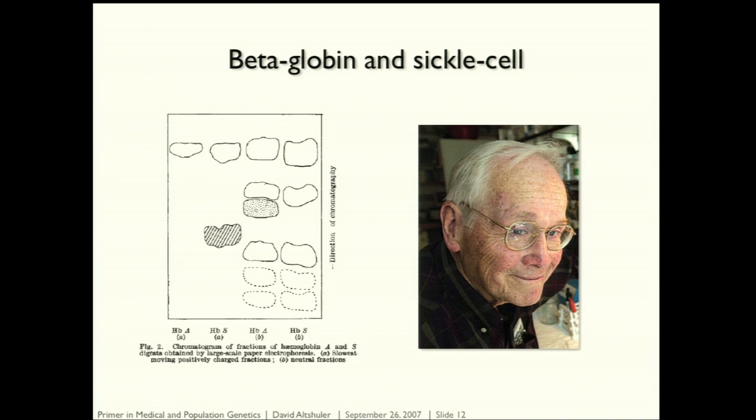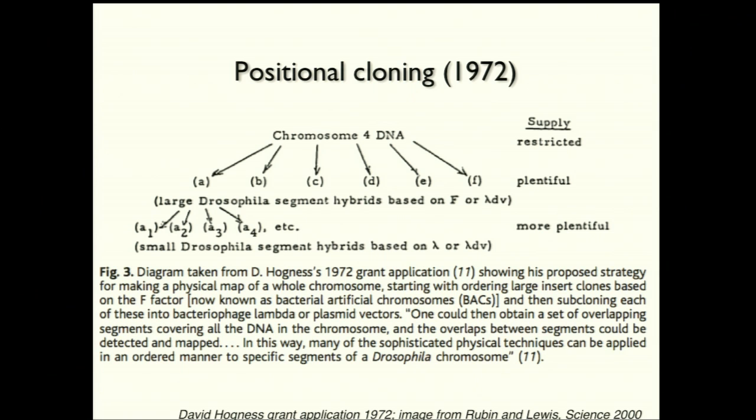So coming back to the idea of linkage analysis from Morgan and fruit flies, that developed to the point where there were maps of many, many organisms, although as I'll describe soon, not of humans, but you couldn't get from a map position to a gene that was responsible until in 1972, David Hogness submitted a grant application that described in one grant application both the method of positional cloning that allowed you to merge the genetic map of where the variants, the inherited markers were, to the physical map of the genes and the DNA sequences.